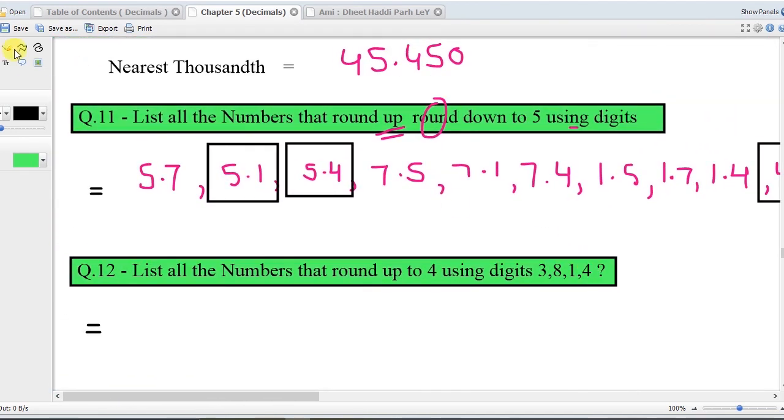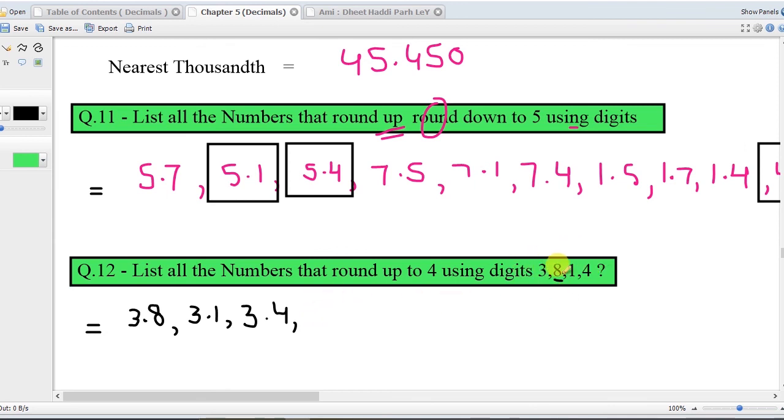Similarly, solve the next question. So list all the numbers that round up to 4 using these digits. So this will give me 3.8. So let's just write all the possible values. So 3.8, then we are having 3.1, 3.4. Now with this 8, 8.1.